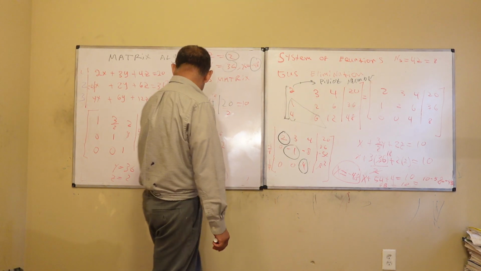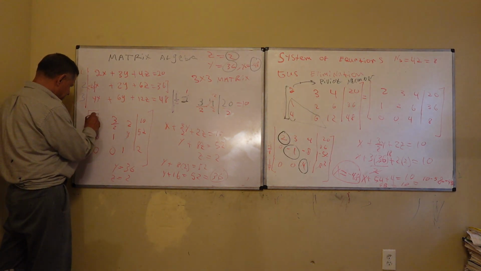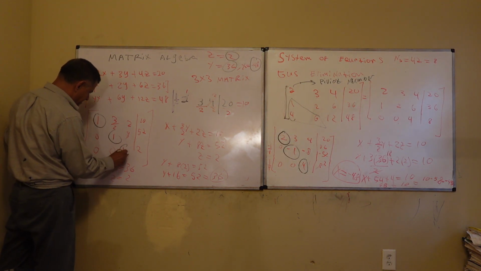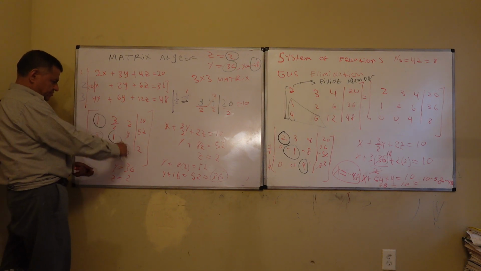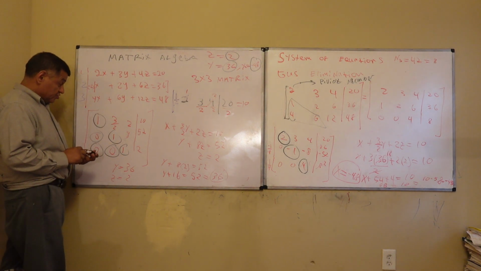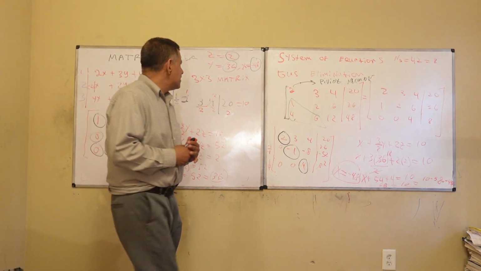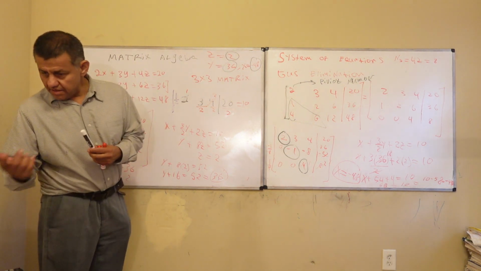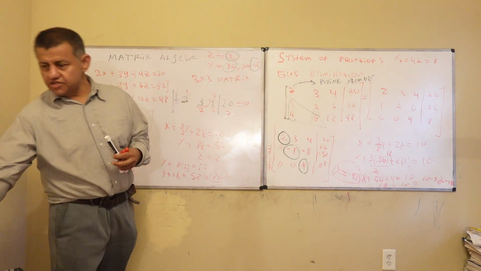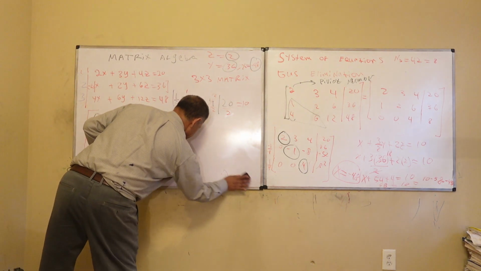When you have a bunch of ones right here and then a bunch of zeros, they look like a little triangle. And somebody asked you for the answer, in this case, all you gotta do is leave it like this.